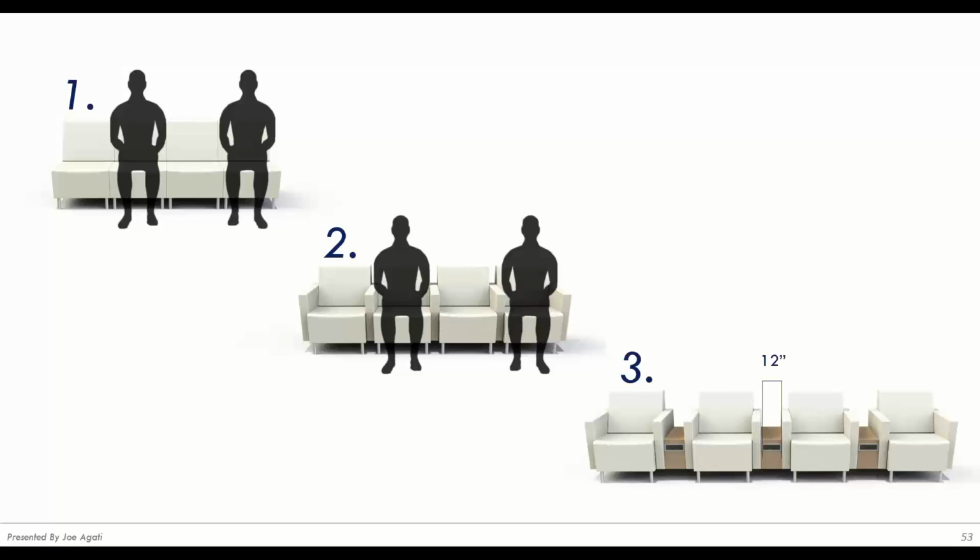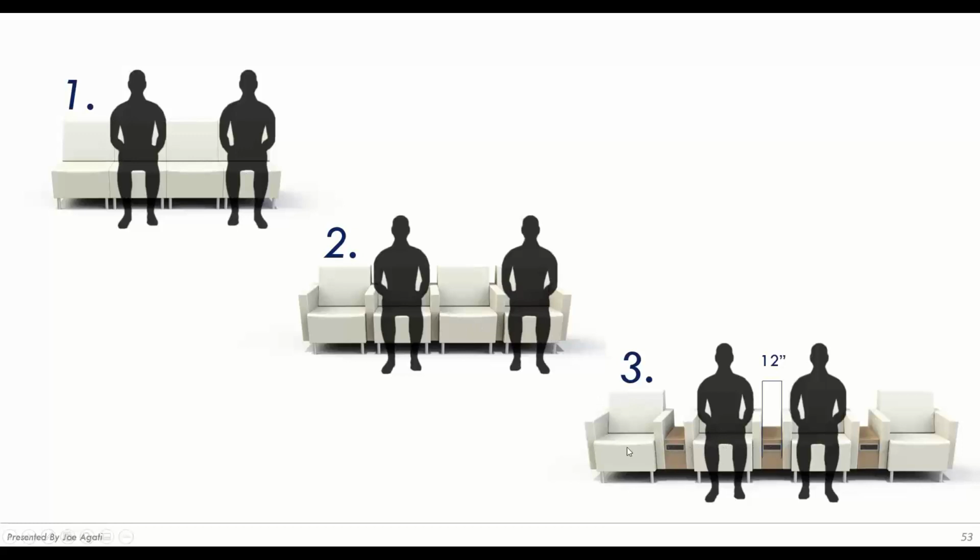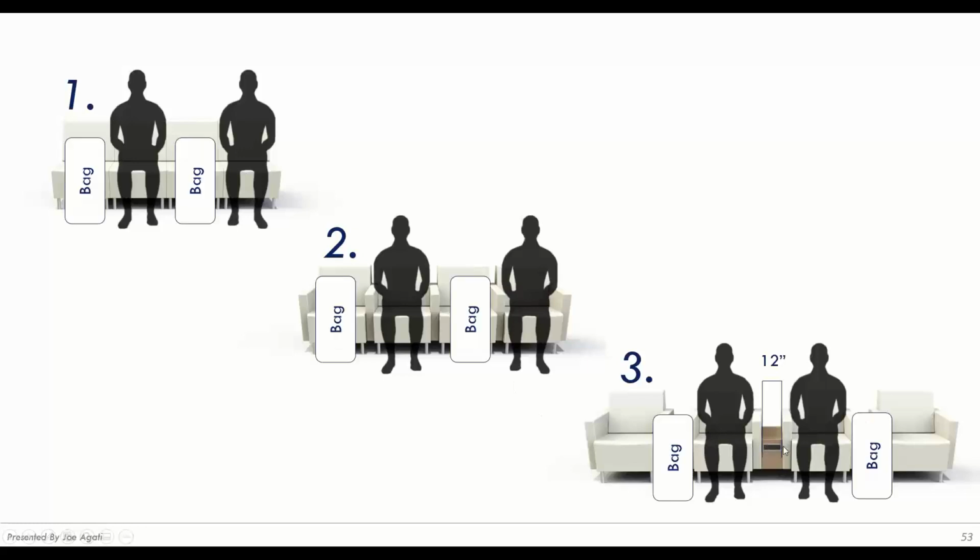But if we push that to the 12-inch mark, you get people to sit there. I typically argue that, yes, you have a seat count you need to hit, but if we're calculating the seat loss on that seat count, if you put that 12 inches in, you probably get all these seats to be filled up, because it's a lot better to lose this space with a bag than this space.